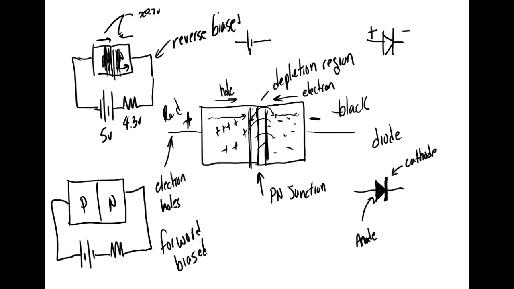Y'all understand? So if I was to put this into an AC circuit, what would it cause to happen? Well, one alternation, it would be forward bias. The other alternation, it would be what? Reverse bias. So it only let one alternation come through. If I only let one alternation come through and it never changes polarity, then we no longer have AC, we have DC.